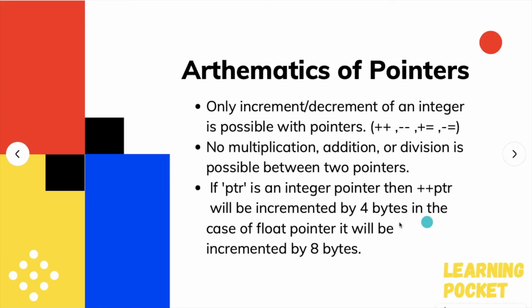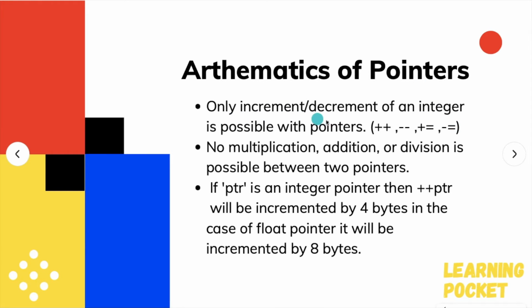You cannot use any sort of multiplication, division, or even subtraction. No multiplication, addition, or division is possible between two pointers. Between two pointers we cannot, but we can have an increment or decrement, or you can say addition or subtraction, of the pointer's value by an integer.